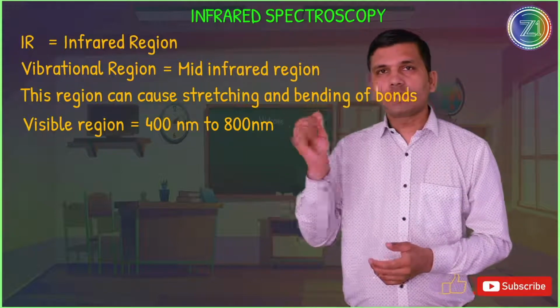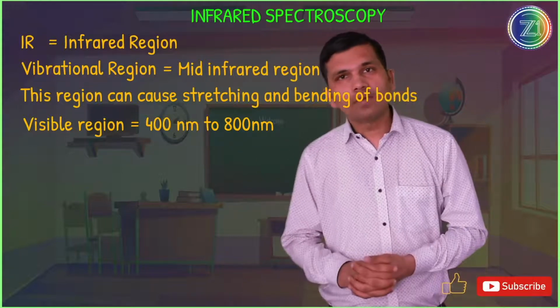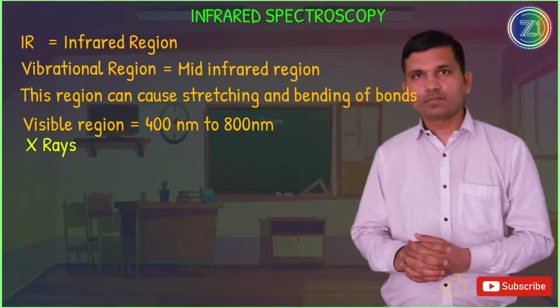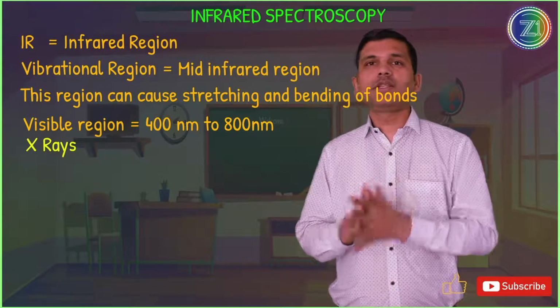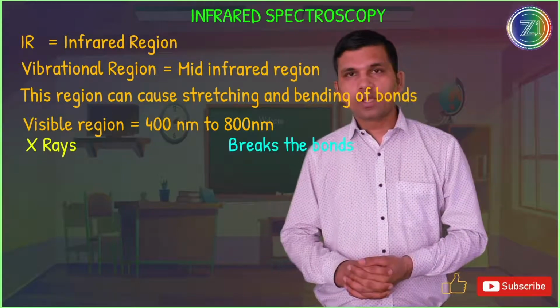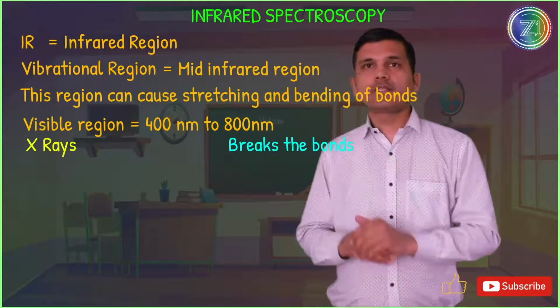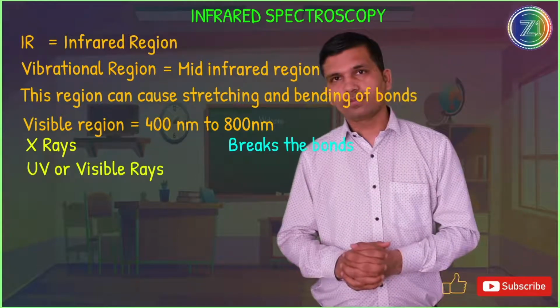If I supply X-ray radiations to the compounds, then that can break the bonds between the atoms. If I go lower than X-rays, I can supply the UV or the visible region.